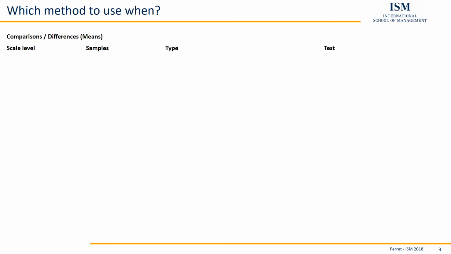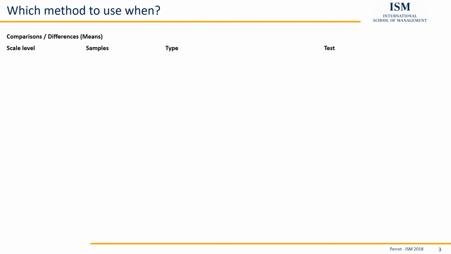Dependent samples would be, I'm interviewing the same people before and after an event. So it's the same people, but I have before and after. If I have two or more dependent samples, I could go before the first event, then after the first but before the second event, and the third observation after the second event.